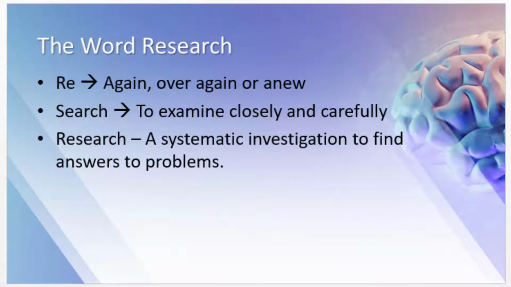The prefix re means again, over again, or anew, and the verb search means to examine something critically, to examine something carefully and closely. And together they mean a systematic investigation to find answers to problems. It's a predetermined, structured investigation or inquiry that allows us to find solutions to some type of problems.